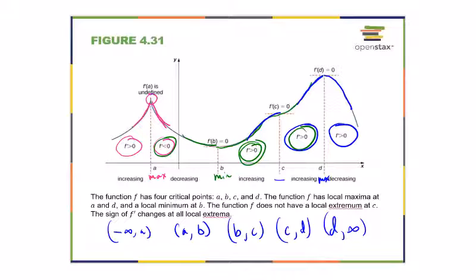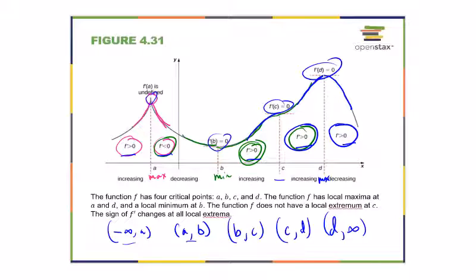Okay, and what we do is we just figure out, is the derivative positive, negative, or 0 in those intervals. And actually, we know they're not going to be 0 because we would have already found all the zeros, or the undefined, the critical points. And so we know that the derivative would have to be positive or negative in these cases. And we can see that it was positive here, negative here, positive here, positive here, negative here.